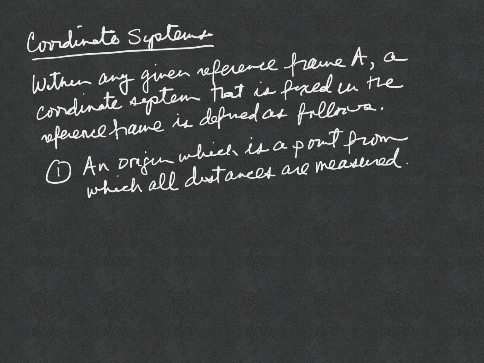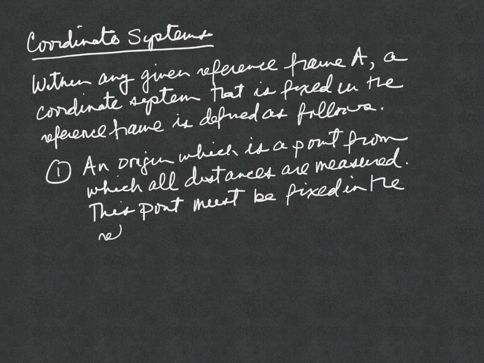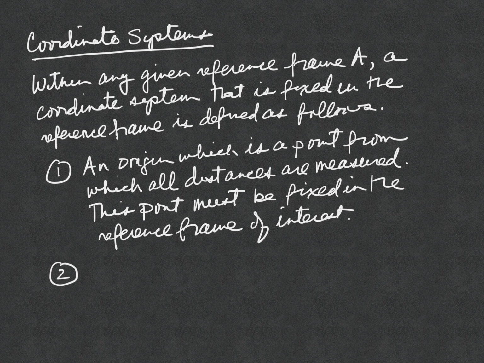Now this point is called an origin, and this point must be fixed in the reference frame. When I say the reference frame, I mean the reference frame of interest, whatever reference frame we're dealing with. The second thing is we need 3 mutually orthogonal vectors, which form a basis, or a right-handed orthonormal basis.